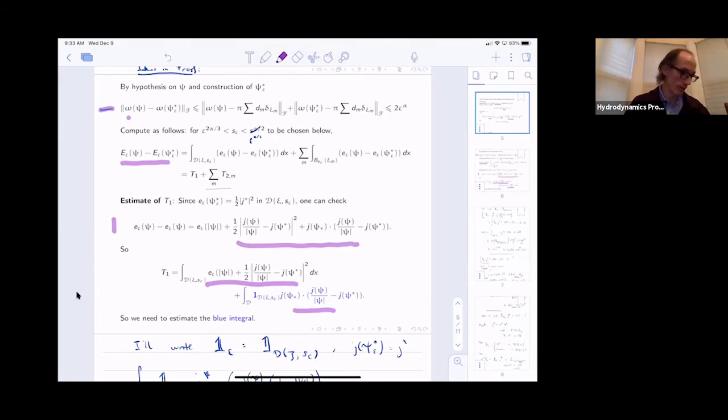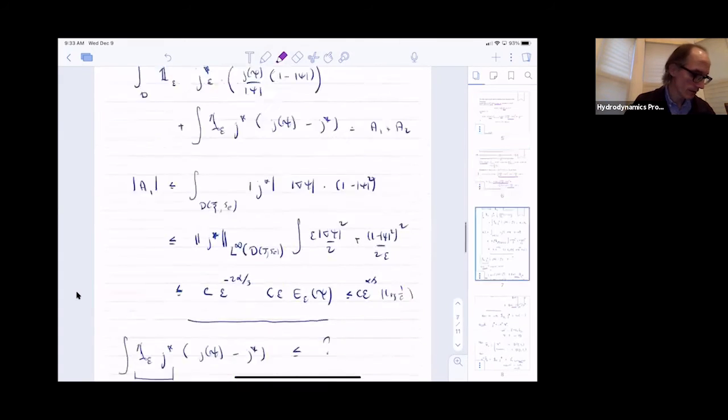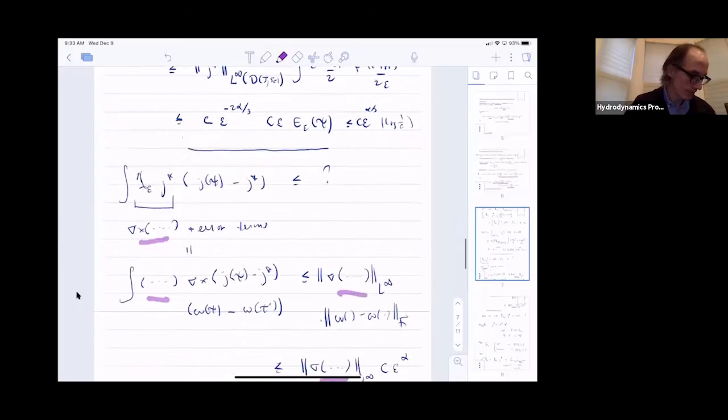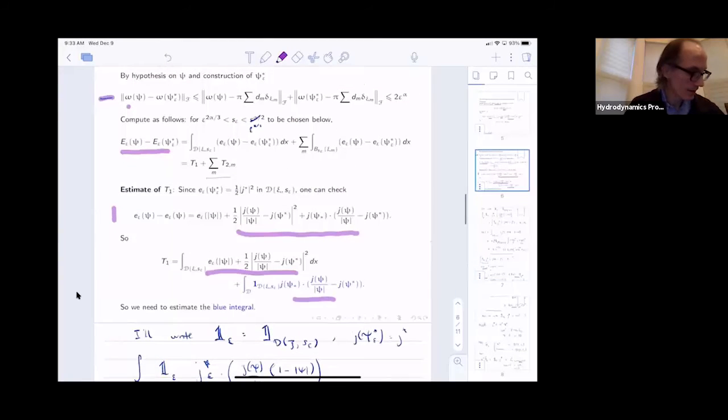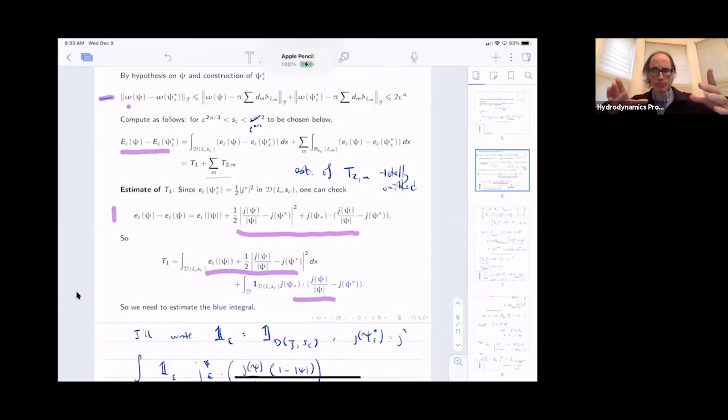And so for the estimate of T2, I'm going to totally omit this. But let's say, one thing I can do is average over choice of S epsilon.